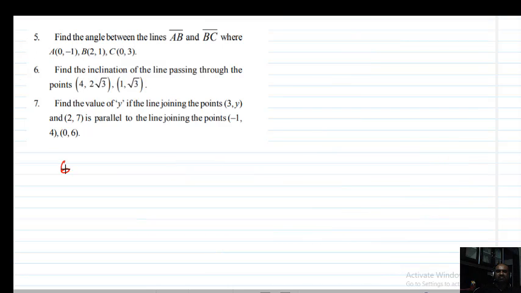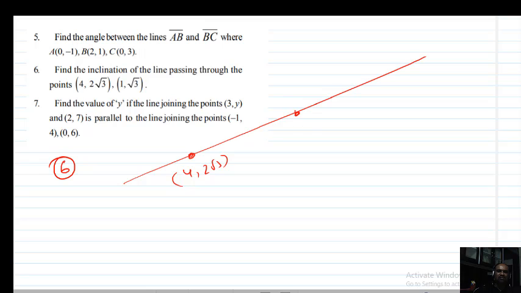Students, sixth problem. Find the inclination of the line passing through these 2 points. This line is passing through these 2 points. We want first inclination. First of all, you want to find slope, and after that you can find inclination. Slope I will find. Slope of AB.